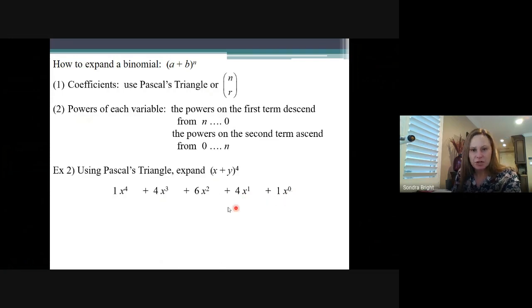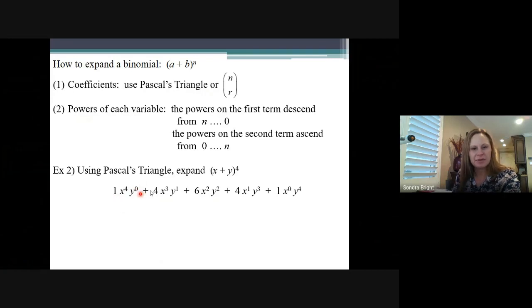The second term, y, is going to start with y to the power of 0 and then increase as it goes up. So y to the power of 1. The next term has y squared, the next one has y cubed, and the last one will have y to the 4th. And then, of course, you simplify. Anything to the 0 power is just a 1. So this first term simplifies as just x to the 4th.